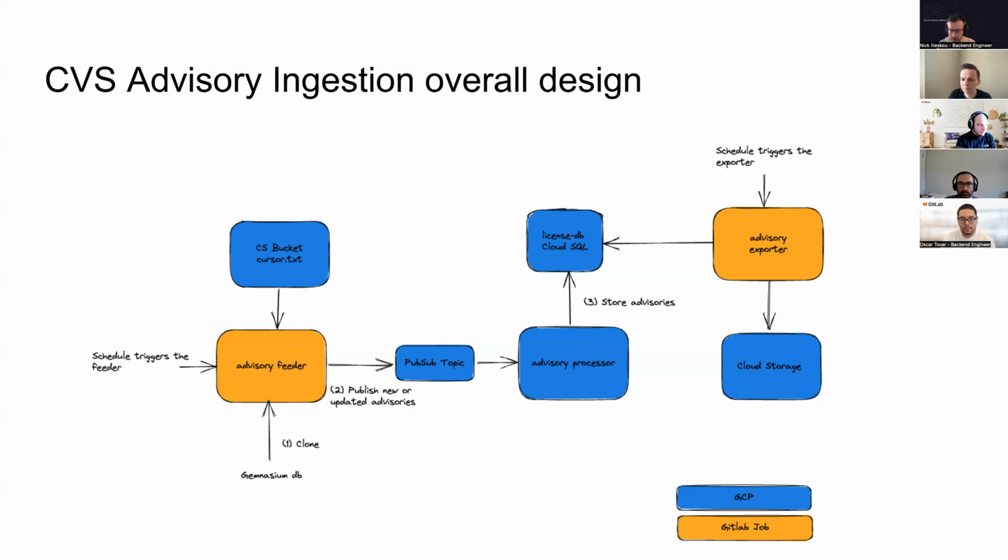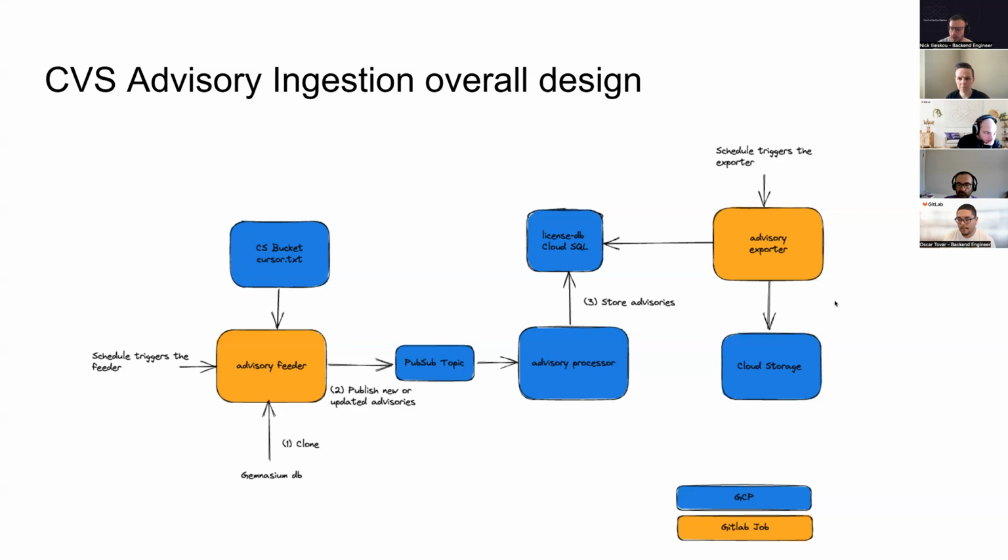The advisory processor gets the information about the new advisory and stores it in the right format in the license DB. And our license DB is the same license DB that we are using for the whole license ingestion pipeline. That's running on Cloud SQL, which is the GCP version of an SQL database, basically a managed service.